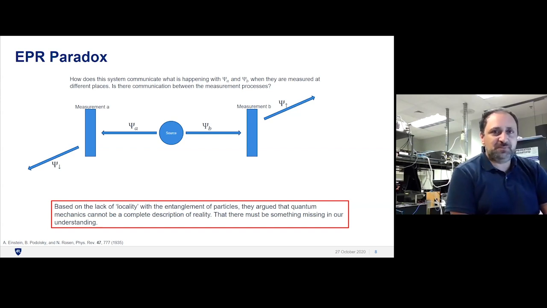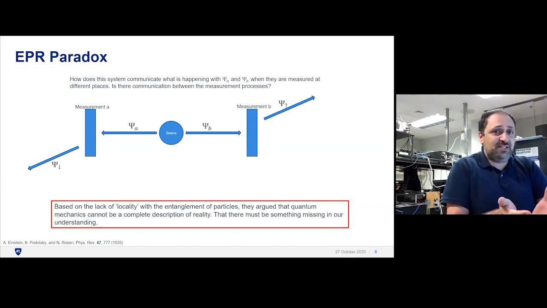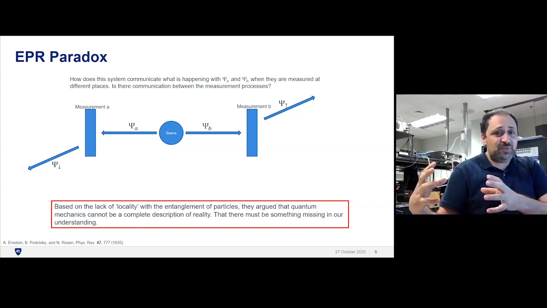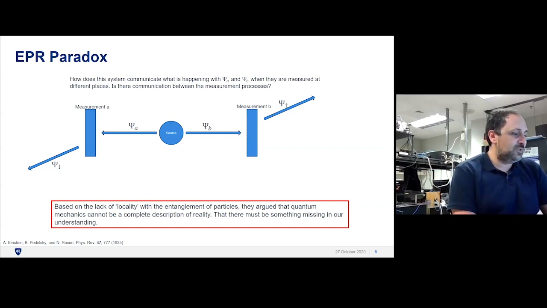It's somewhat readable. And they highlighted that something has to give. Either quantum mechanics is not a complete description of reality, and there's some type of extra part we need to add, or there's just something we fundamentally don't understand about how the world works. That was in 1935.